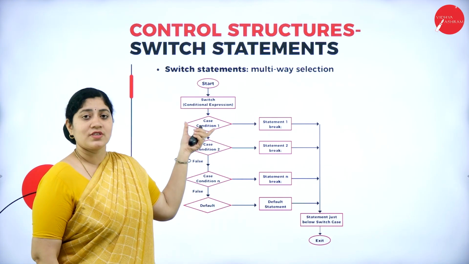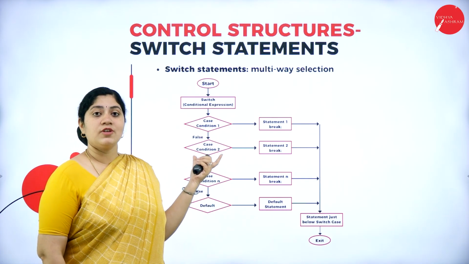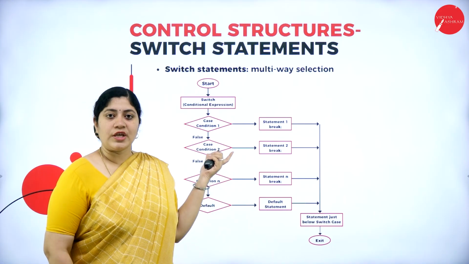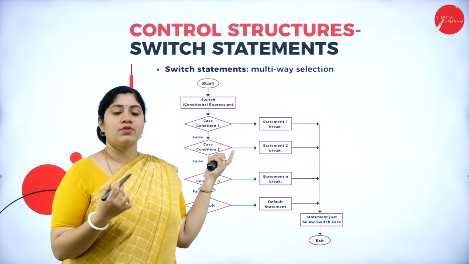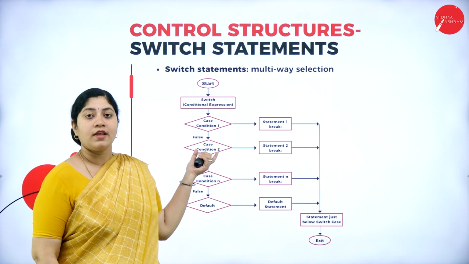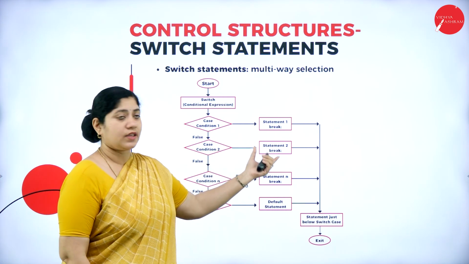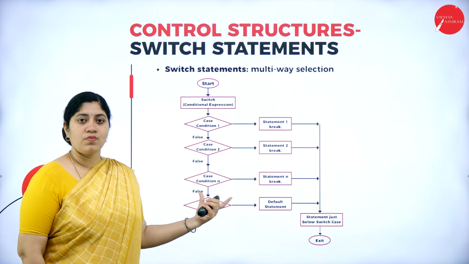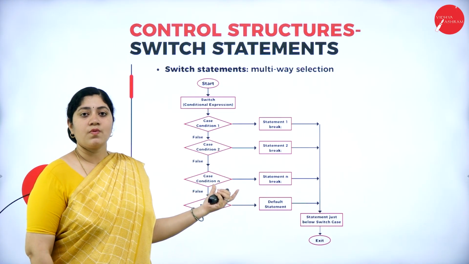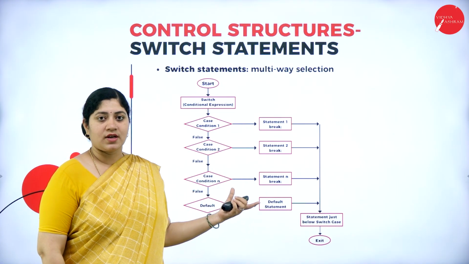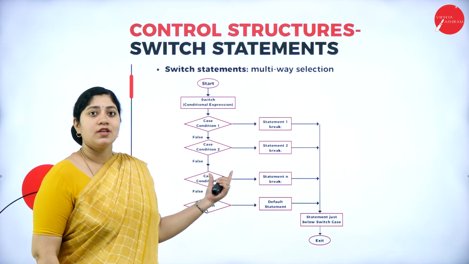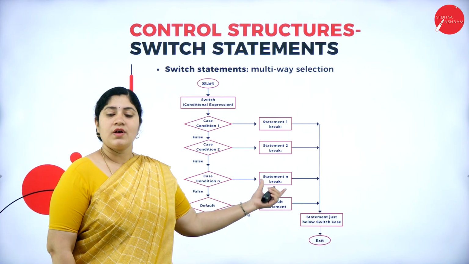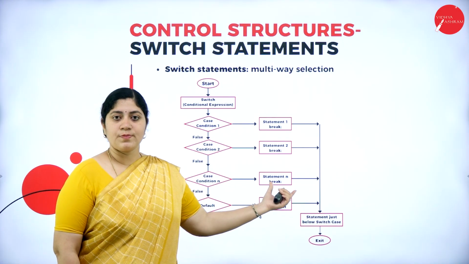If the first case is false, then it will move forward and check with the next case. If that case is true, then the second statement will be executed. If not, it will again move forward and verify the next case condition. If that condition is verified, then it will follow the respective statement.